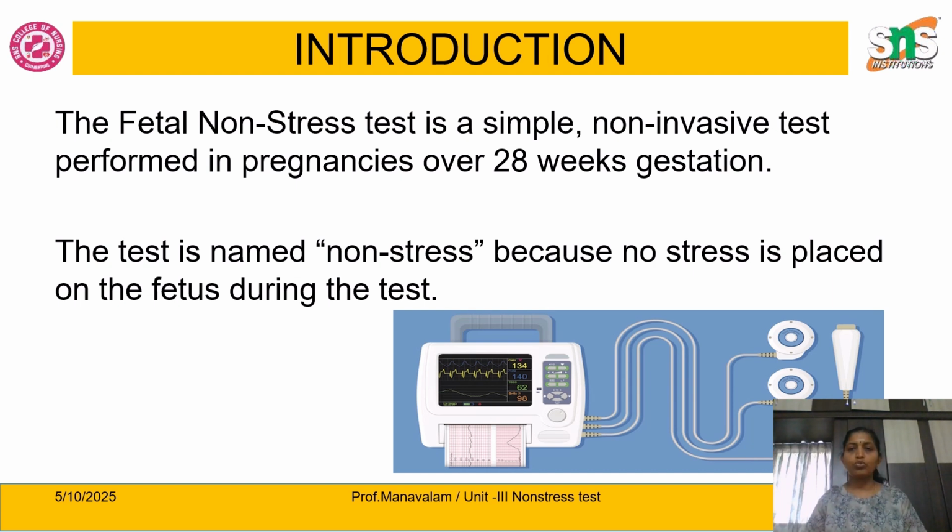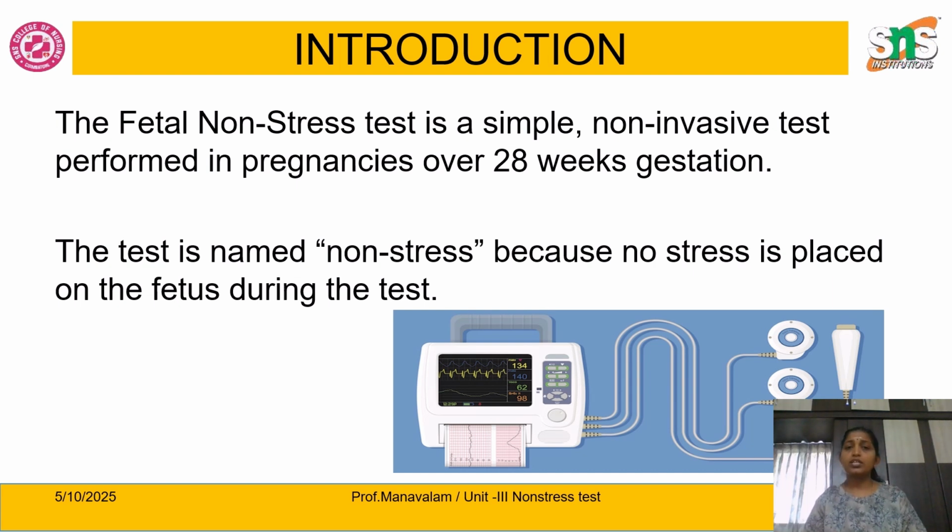For this reason, the non-stress test is done after 28 weeks of gestation. At that time the spinal cord integration will be there, and we can confirm the reactiveness or non-reactiveness of the fetus. Before that it is not possible because there is less fetal movement, and the spinal cord is also still in a state of development.